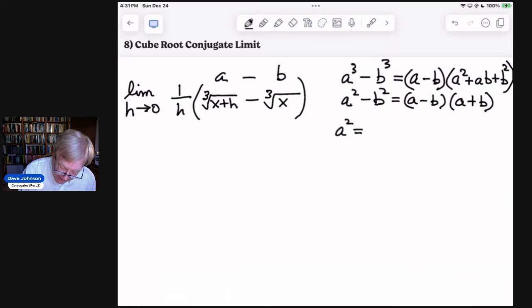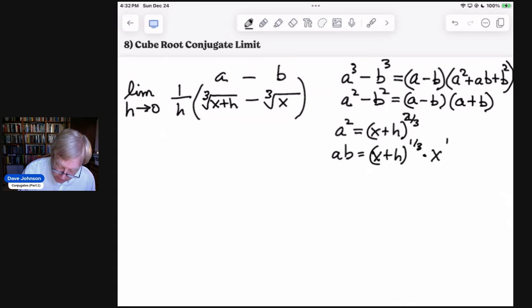So we get a, which is x plus h to the 1/3, so squared, we get actually x plus h to the 2/3 power. ab is x plus h to the 1/3 times b, which is x to the 1/3, and then b squared is x to the 2/3.